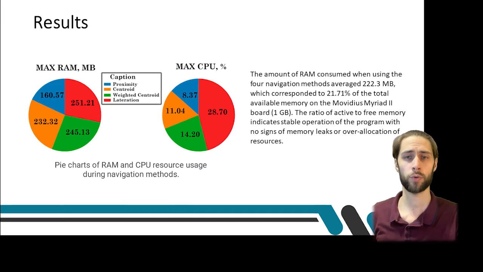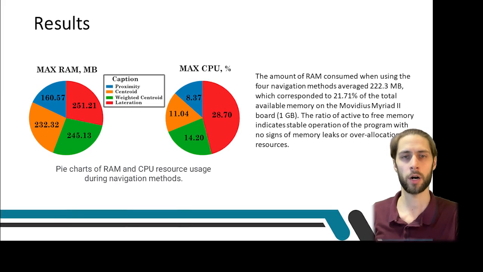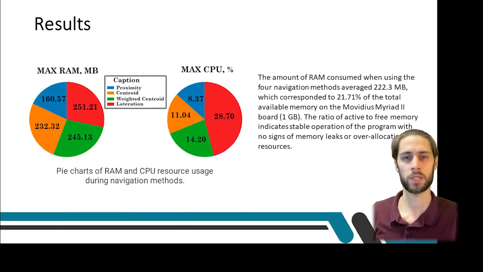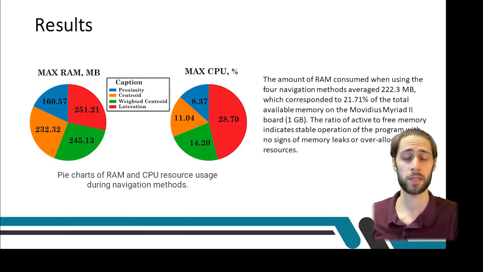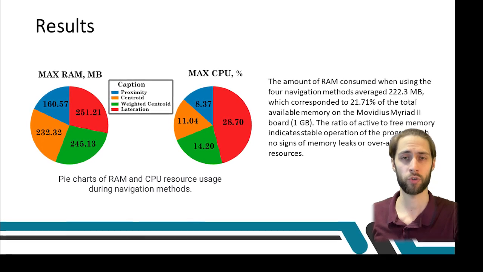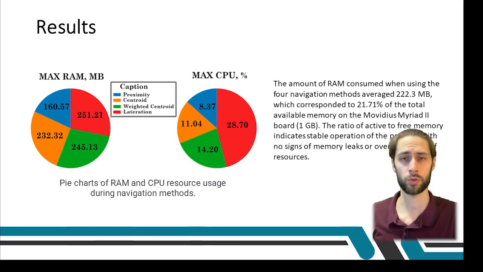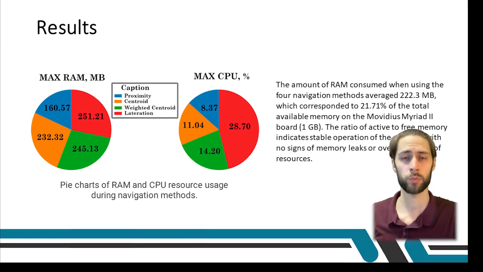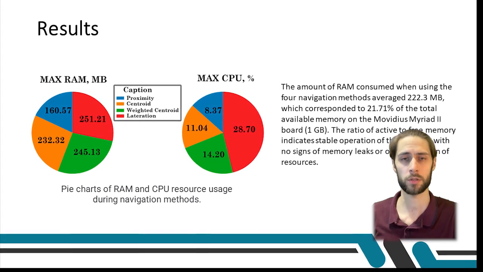To assess the performance of the developed software, the use of the main hardware resources of the system was monitored. In particular, the Central Processing Unit (CPU) and Random Access Memory (RAM). The pie charts show the shares of resources used by the program during the operation of each of the visual navigation methods.